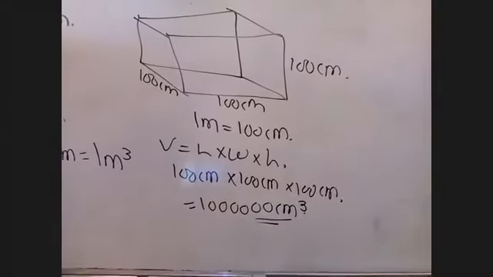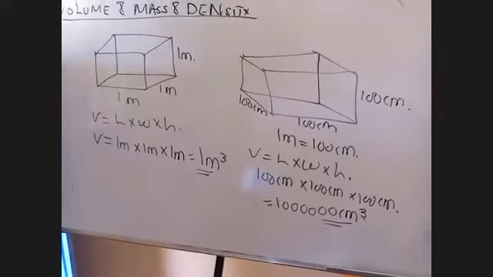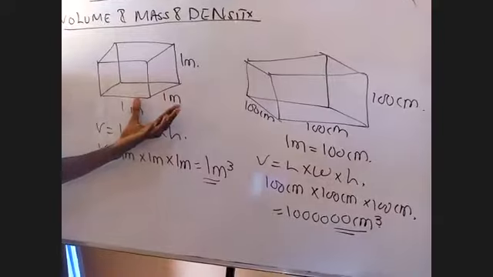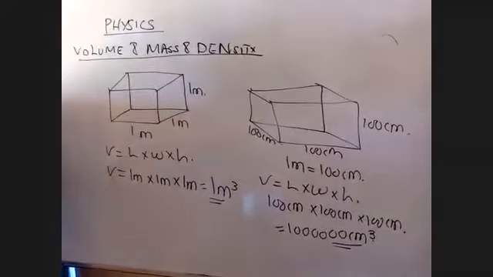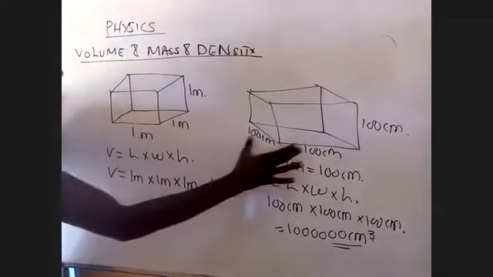So I want you to compare the two volumes of the cubes. These two cubes, as we have said, have the same length, the same width, and the same height. But the units here are in meters and the units here are in centimeters.